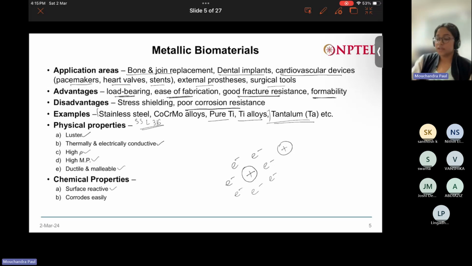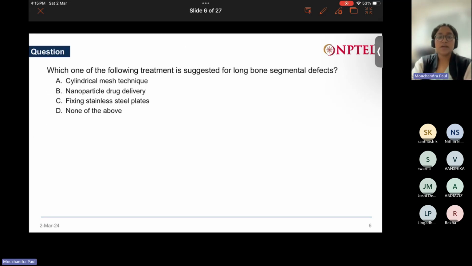Then it corrodes easily, as I explained already. So in the presence of any harsh environment, the ions from the surface will start leaching out from the surface. That is corrosion. Now, I hope you have understood. It is a very basic thing, what you have already seen in the previous slide in the lecture.